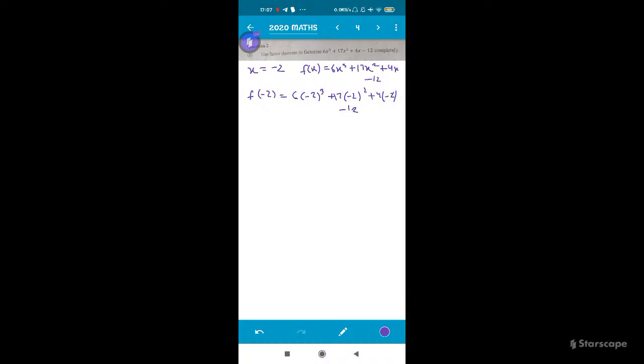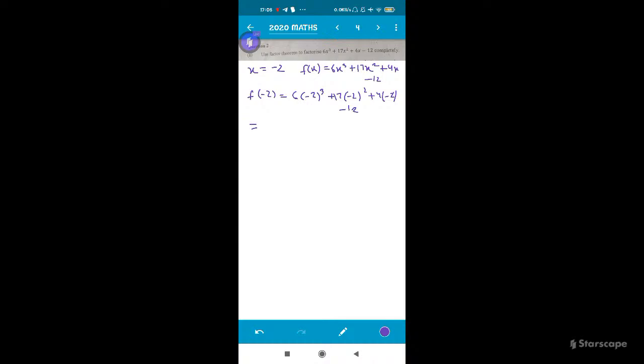So f of minus 2 means in place of x we are going to put the value as minus 2, and we will check that if f of minus 2 is 0, that means x is equal to minus 2 can be considered for factorizing it completely.